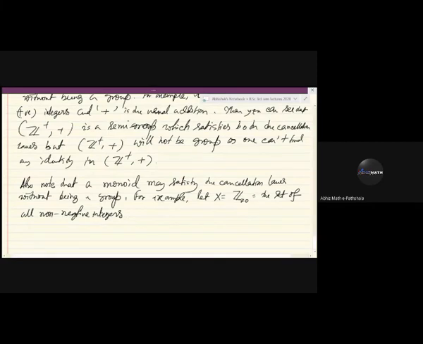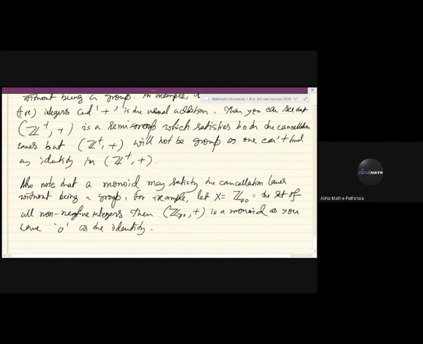Then Z greater equal to 0 with respect to plus is a monoid because you have 0 as the identity, right?